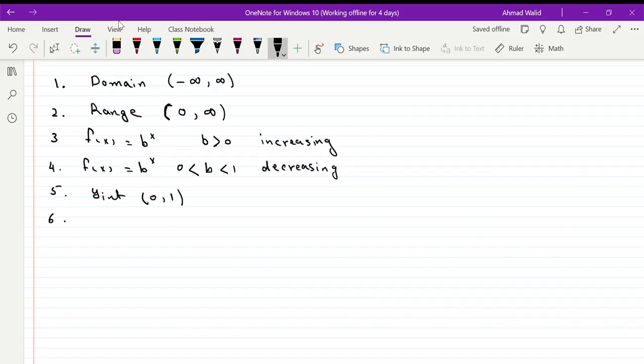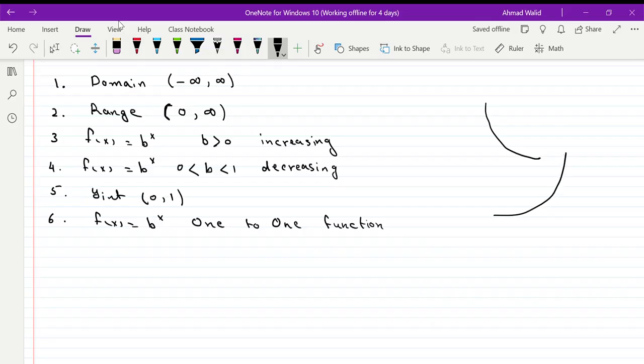Easily you can see that f of x equals b to the power of x is a one-to-one function. Because the graph was like this way, or the graph was like this, right? And if you do a horizontal line test, if you remember what is one-to-one function, which I explained in the last chapter, your horizontal line always crosses the graph at one point.